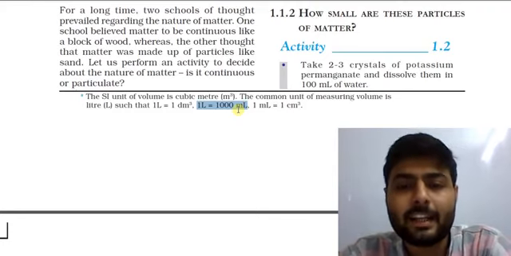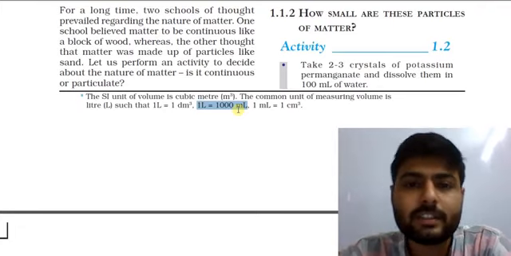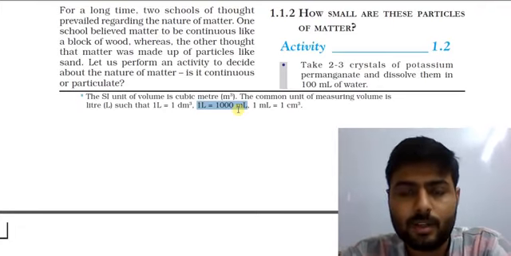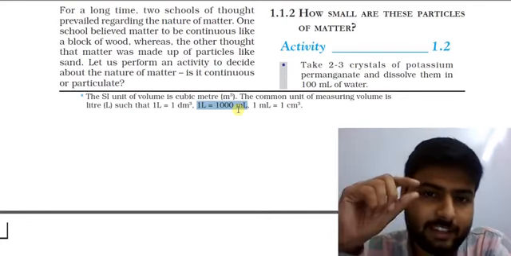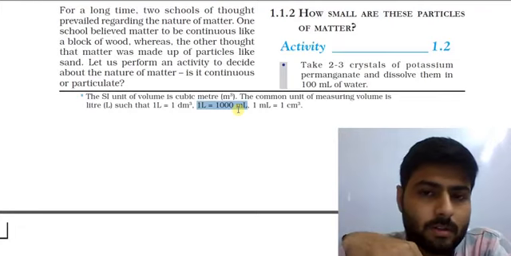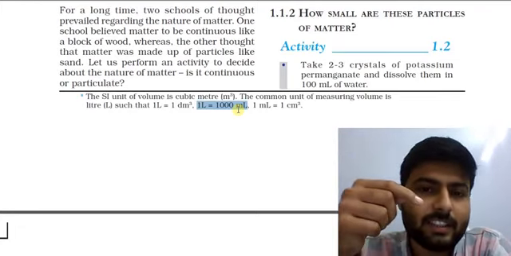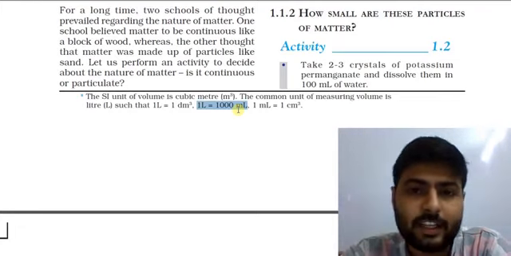1 milliliter is equal to 1 centimeter cube. What is 1 centimeter cube? Let's say we have a cube that has all sides 1 centimeter each.